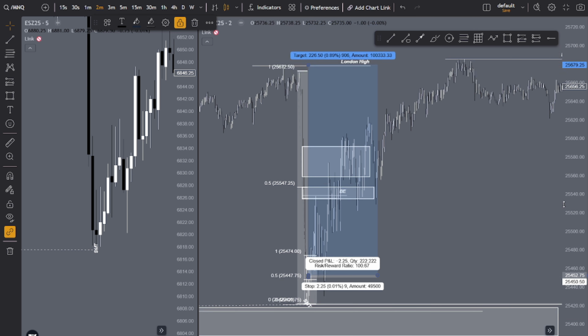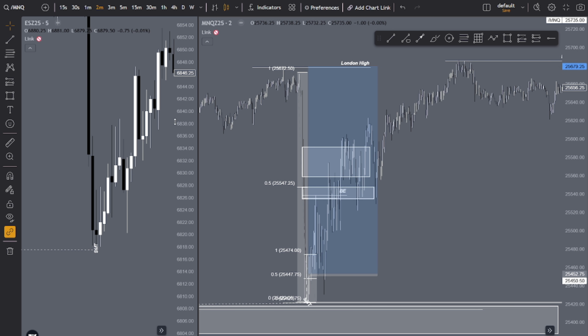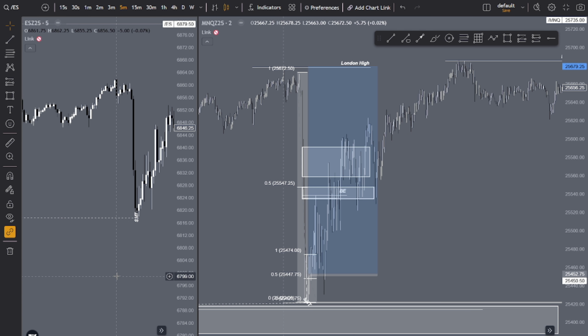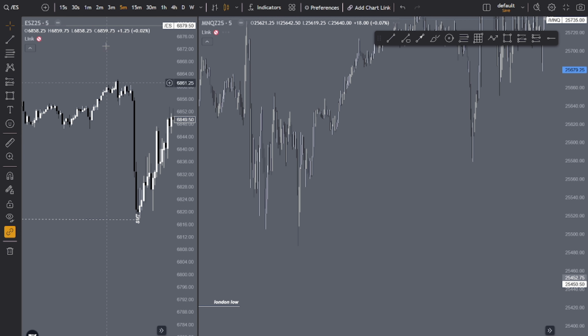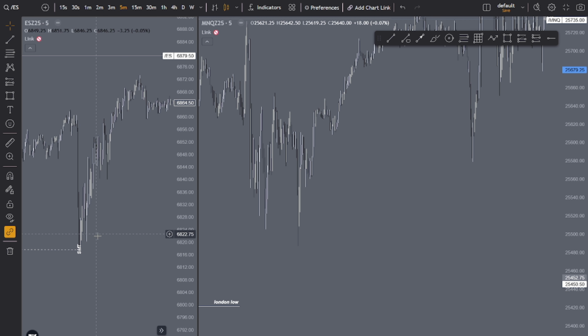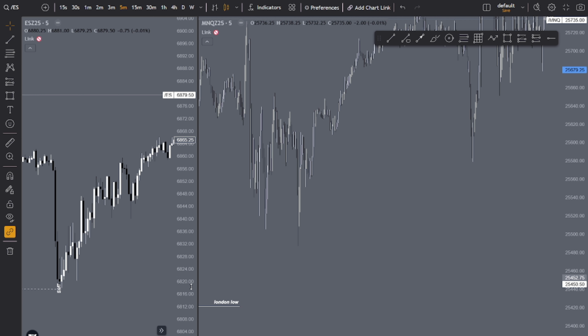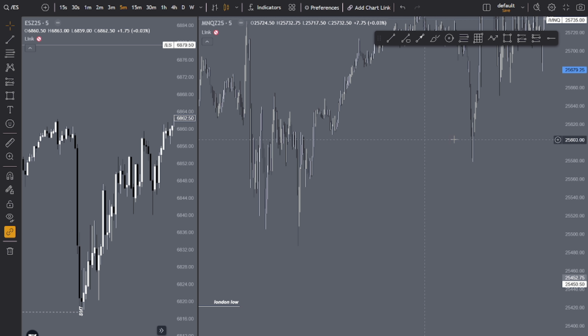But yes, that simple as that. Okay, I try to simplify it as much as I could. I do apologize for maybe going too fast, maybe going too slow, maybe not going in depth enough, or whatever the case may be. This is my first time actually doing a demonstration like this, so I do apologize. I try to simplify it as much as possible for anyone who is trying to get into ICT style.